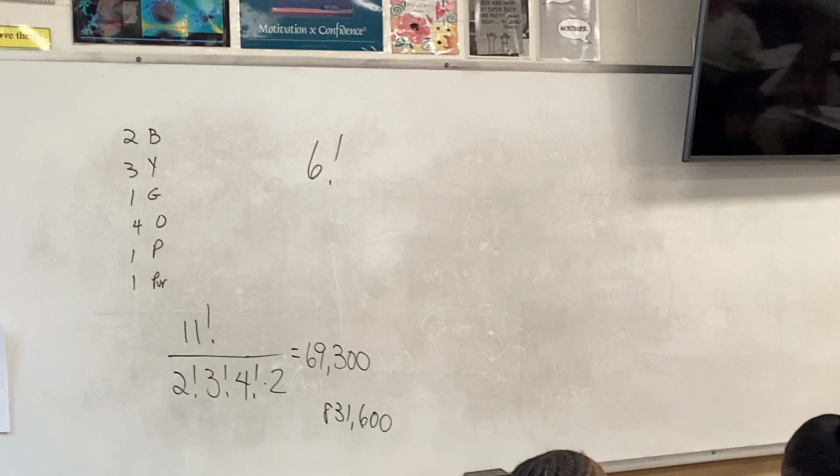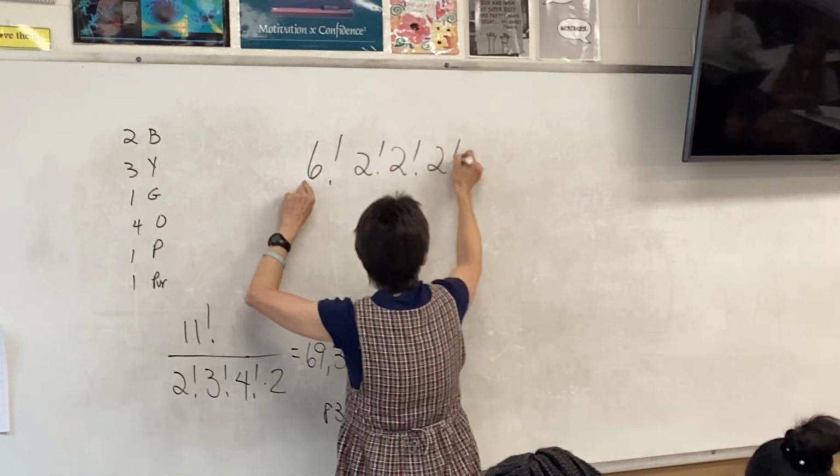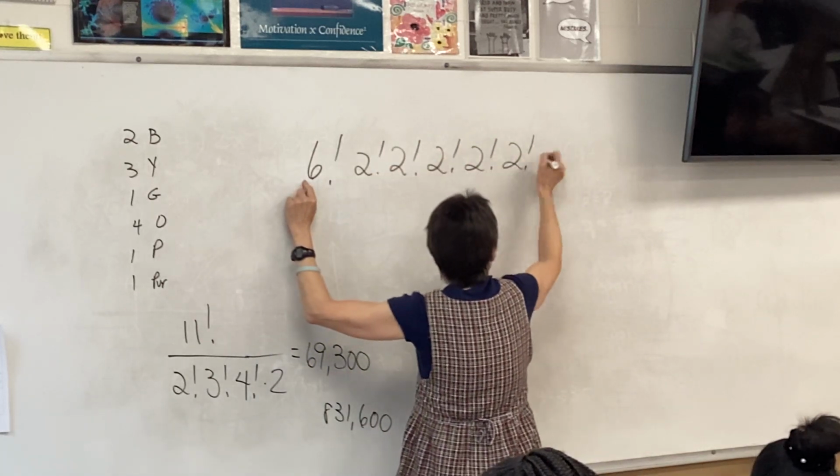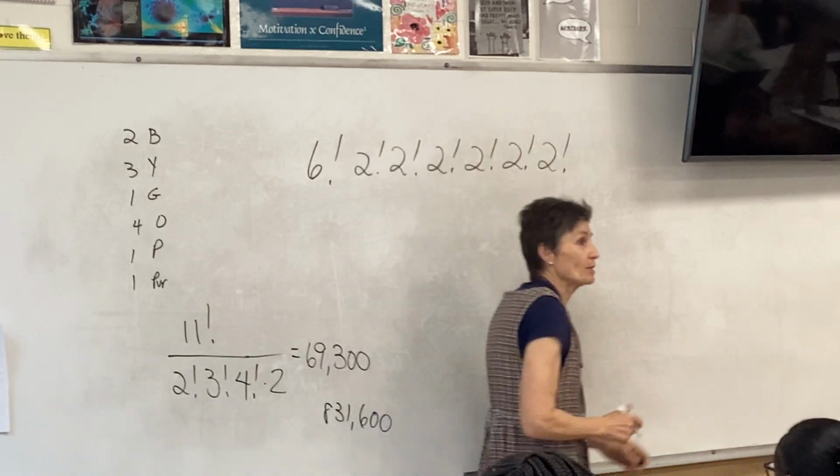There's 2 of us, and we could be lined up 2 factorial ways, and they could be lined up 2 factorial ways. So each couple can be rearranged. And there's the answer to the question.